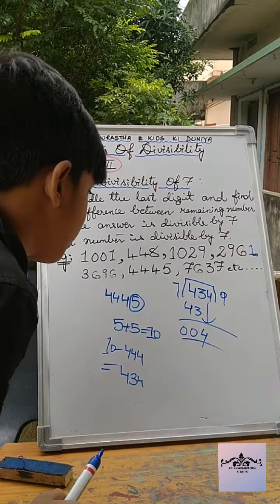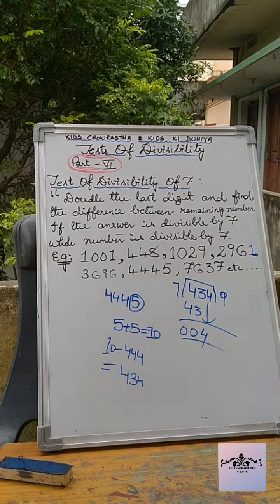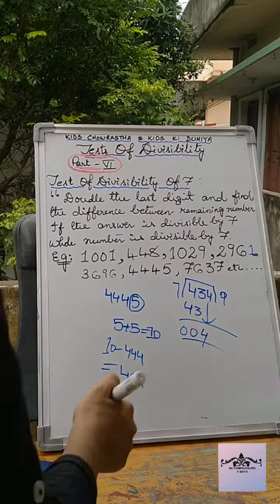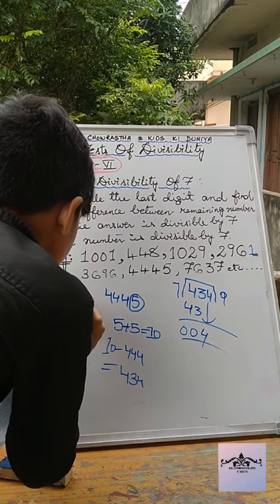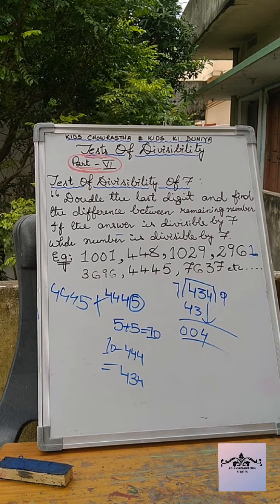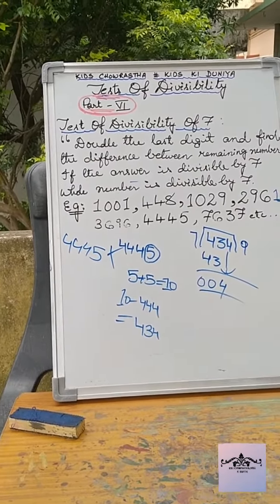Yeah, right? Okay. This number is absolutely wrong. 4445 is not divisible by 7. I thought it was, but it's not. You can't say whether it is divisible or not by just seeing it, right?